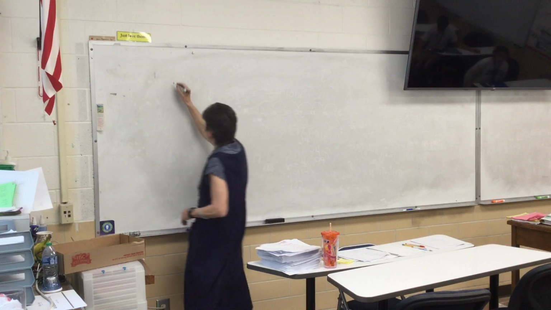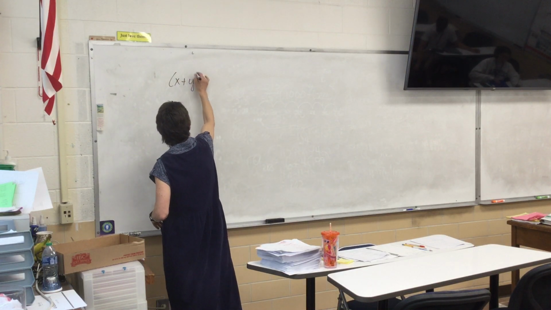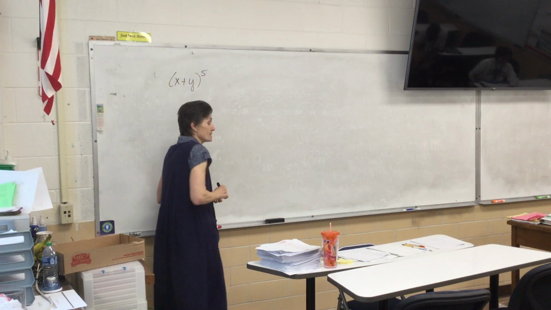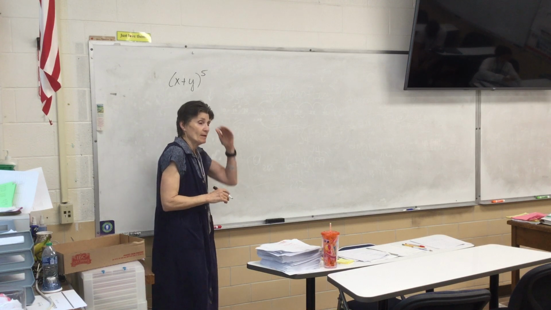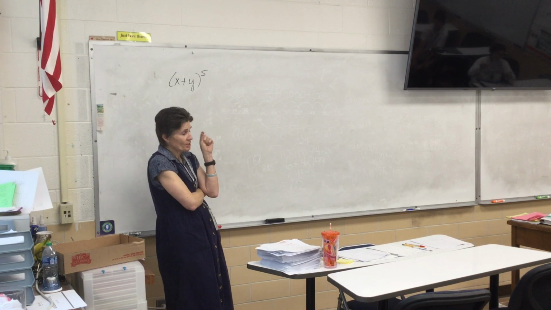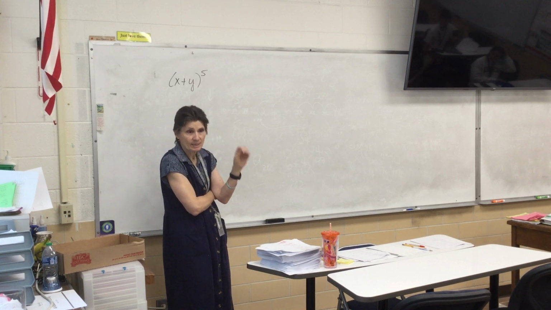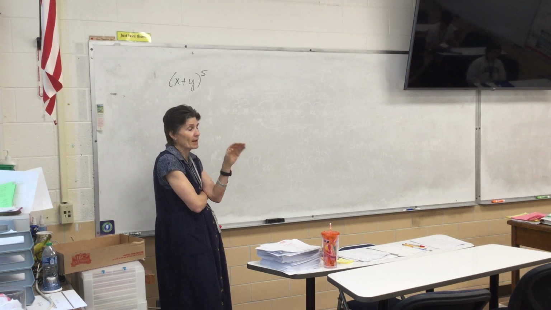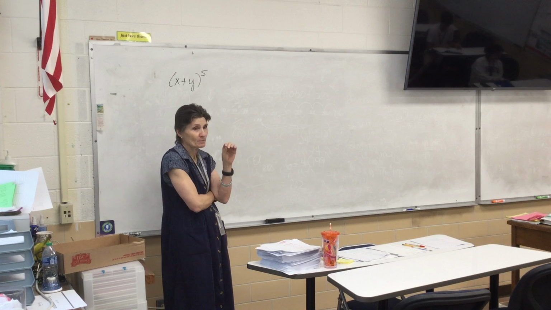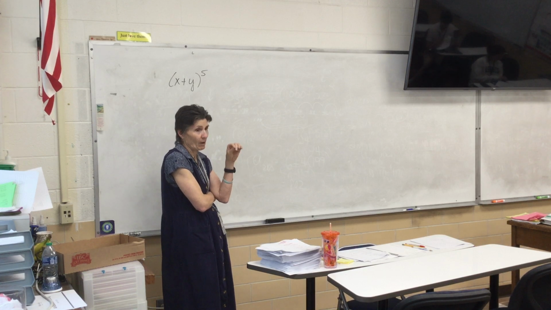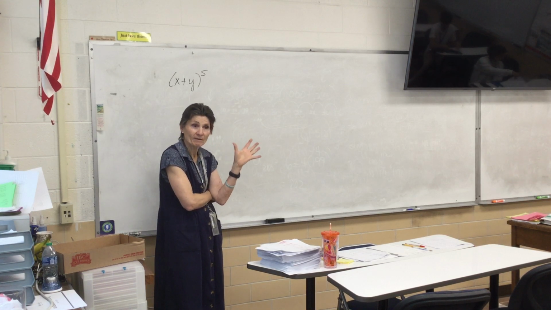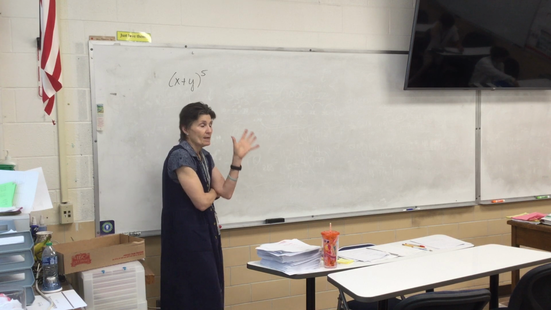Now, yesterday, the last thing that we did was expand this. So you might recall, since it was just yesterday, that I worked out x plus y the first and x plus y the second. I worked all those out. And then you made some observations about what x plus y to the fifth would be, right?